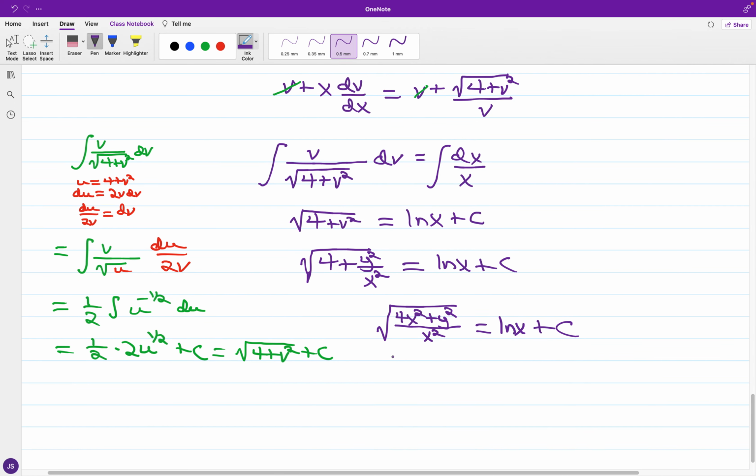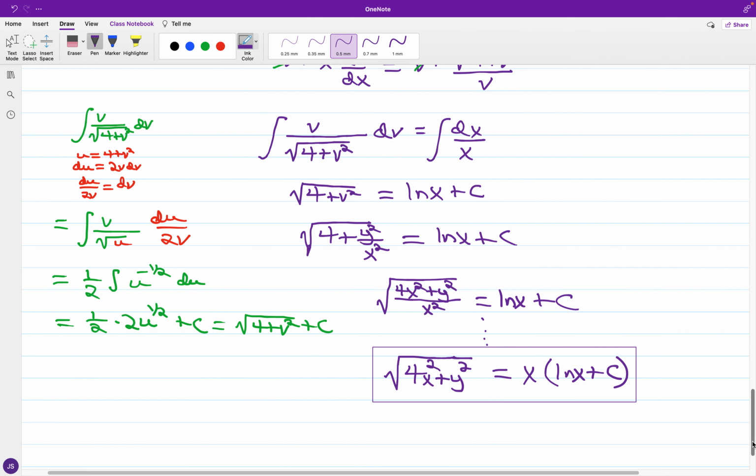Now the square root of x squared is going to be x, and if I multiply both sides by x, we're going to end up with the square root of 4x squared plus y squared is equal to x times the quantity of the natural logarithm of x plus the constant.